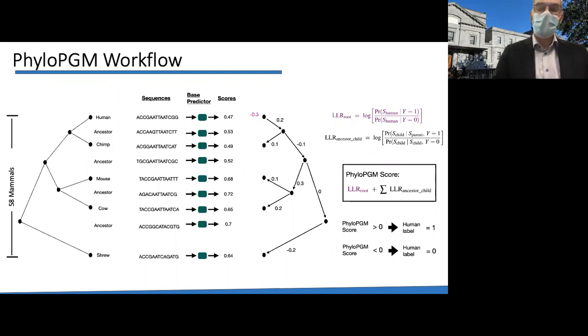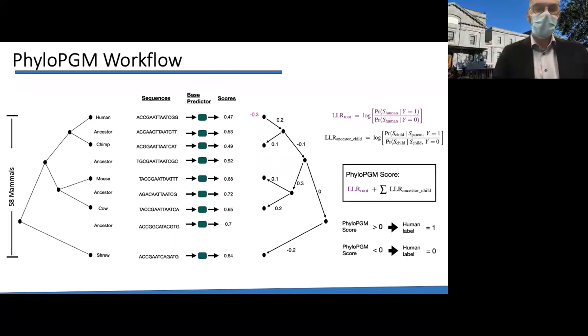So this is interesting because that's saying that for any type of function that you might be interested in predicting, if you have a predictor that is doing a decent job, but you would like it to make a better job, you can use an approach like this one to use that pre-trained predictor without having to change it at all.